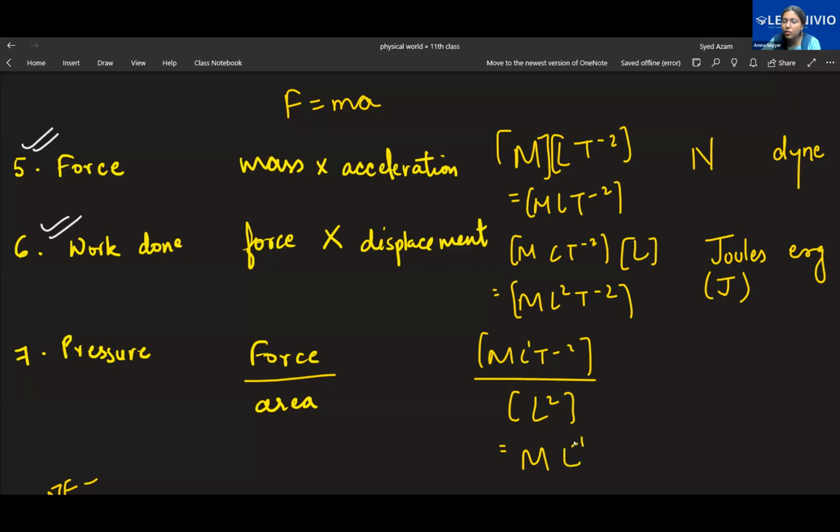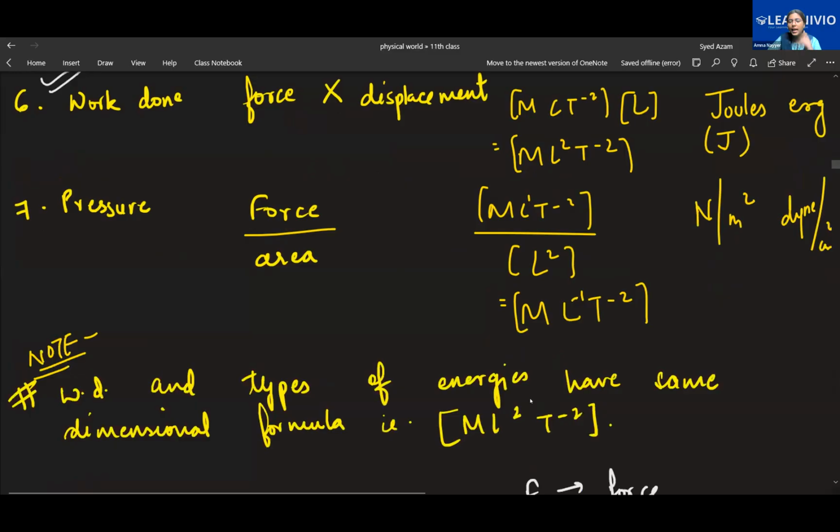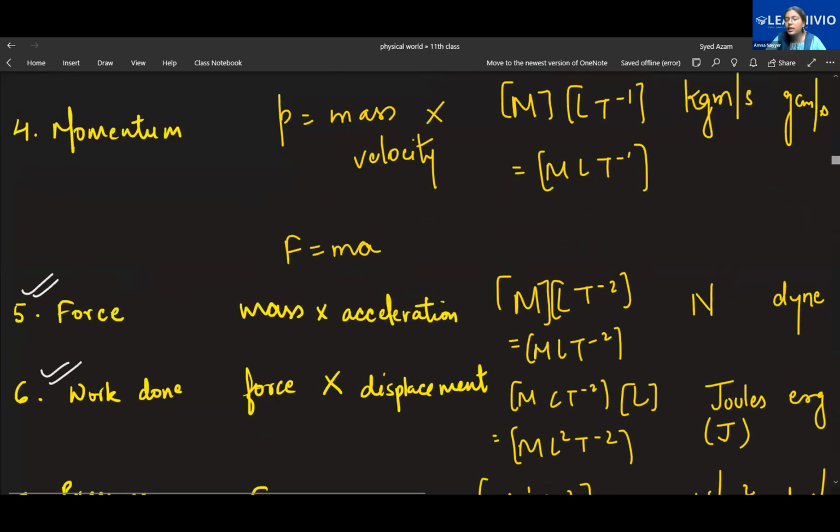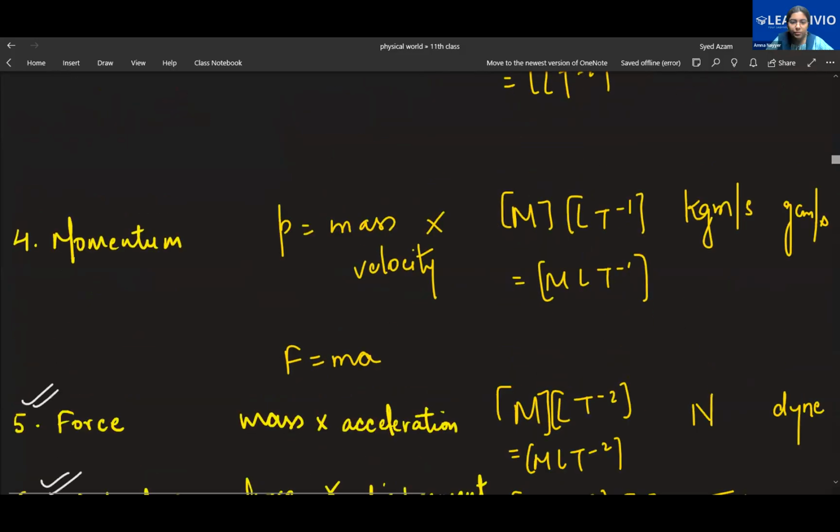This is how you will write the power. T to the power minus 2. This is the dimensional formula. The unit will be Newton per meter square, and the CGS unit will be dyne per centimeter square. I've made this note so that you remember that work done and types of energy have the same dimensional formulas. Then we have certain sets of questions, and we'll complete the table later on. So please write down this part first.